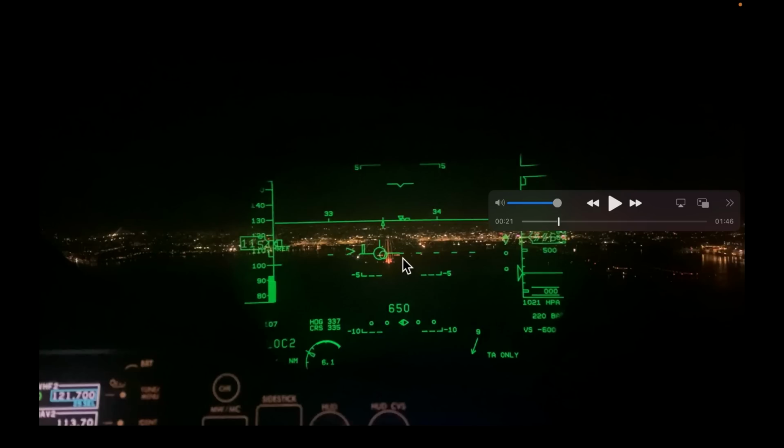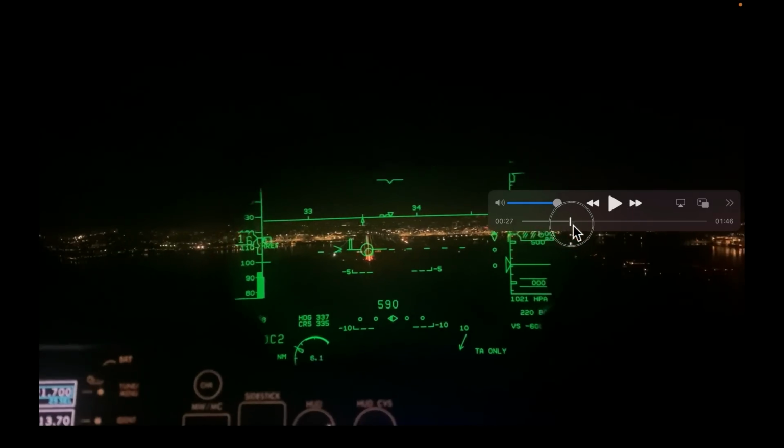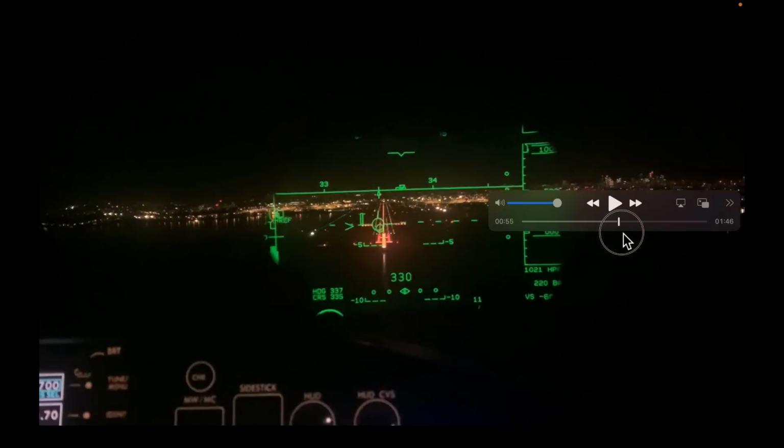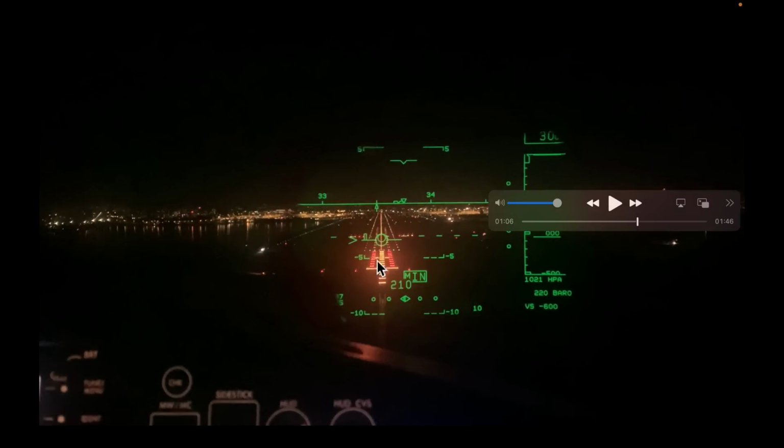What you will notice is that the flight path vector is in line with the PAPI, and that's the Precision Approach Path Indicator light. As we get closer, you can see the PAPI on either side of the runway. They are 4 lights to the left and 4 lights to the right. And if you are on the correct approach angle, you will see 2 white and 2 red lights.